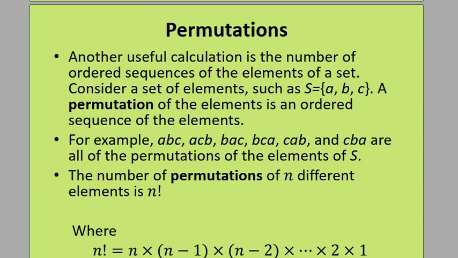A permutation is a way of counting the order of elements. Permutation focuses on the order of a sequence, rather than just getting elements.